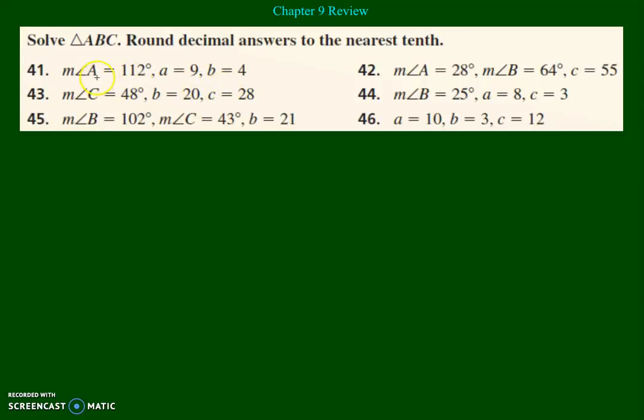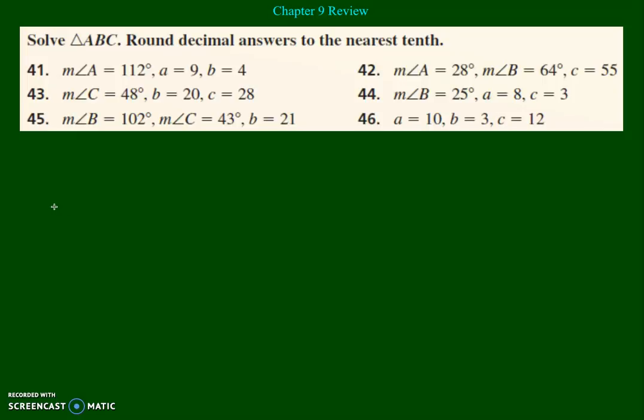Now, I warn you ahead of time, this is going to be very tedious and time consuming, but it's going to be good practice. If you can get through these 6 problems, then you should have a very good handle on how to use law of sines and law of cosines. But it's not likely to be a whole lot of fun. So let's get started and see where we can get to.